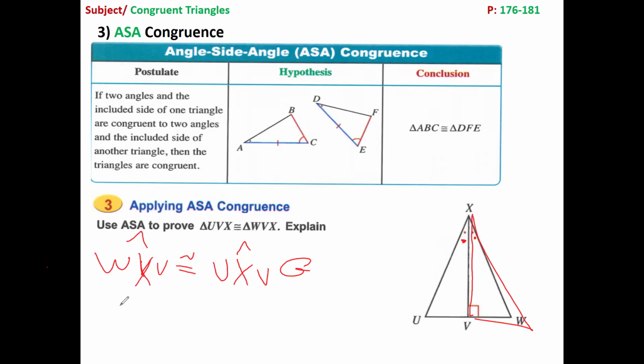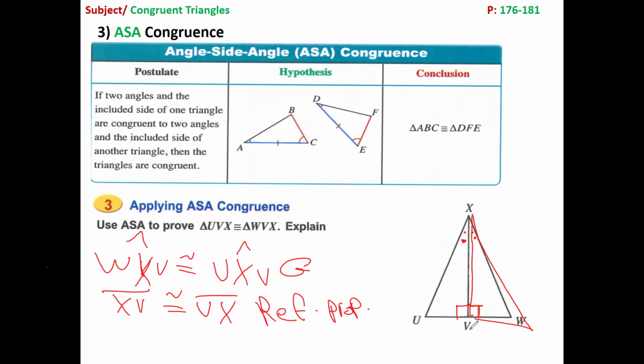Yes. So if you take a look, XV is congruent to VX. Some people say XV again, which is exactly the same thing, correct? So this one, why? By which rule? Reflexive property. So these two lines are congruent by reflexive property. Then what about this one? If this one is 90, this one also will be 90.